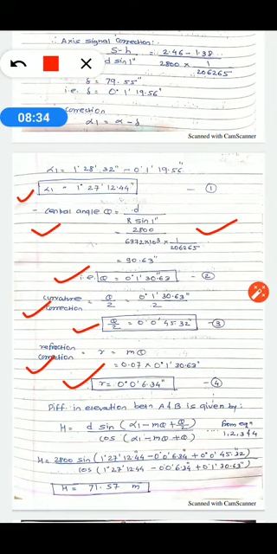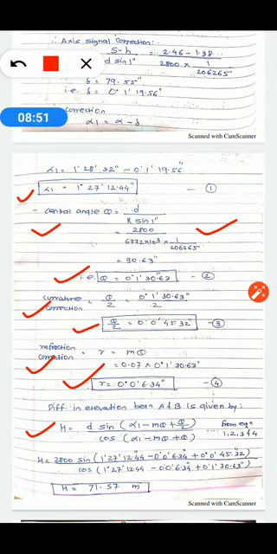Now the last step is to find the value of H, which is a very important step. For that we have the formula: D sine of (alpha 1 minus m theta plus theta by 2) upon cos of (alpha 1 minus m theta plus theta).